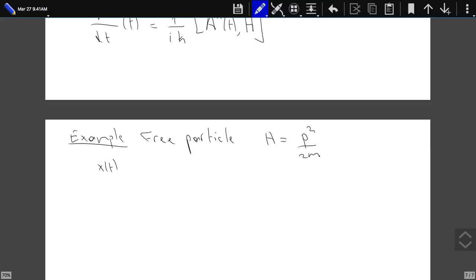Well, how do we know that it is just p squared over 2m? Well, we don't know what the Hamiltonian is in quantum mechanics, so you just have to make some assumptions about the Hamiltonian. But what we do know about quantum mechanics in general is that it should also explain whatever classical mechanics explains. It should contain classical mechanics because classical mechanics has been tested for centuries, and we know that it works, at least whenever we can apply it.